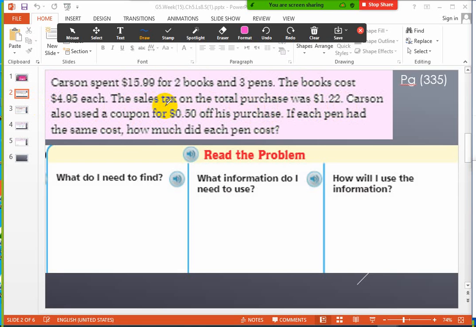The sales tax means the taxes on the total of money is 1.22. Carson also used a coupon for $0.50 off his purchase. This coupon means a discount, okay? If each pen had the same cost, how much did each pen cost?